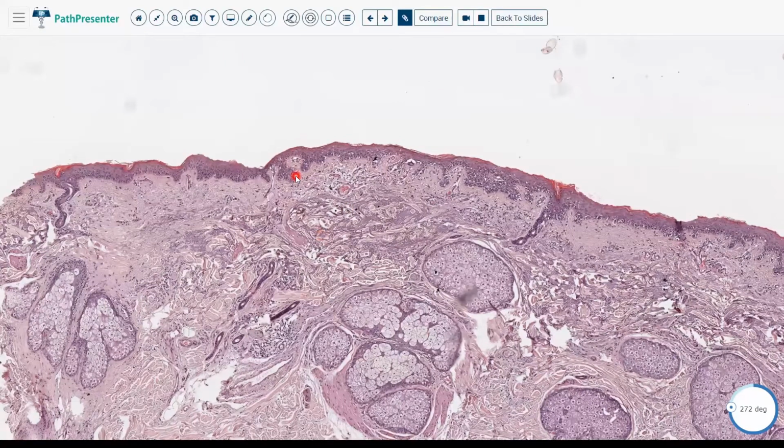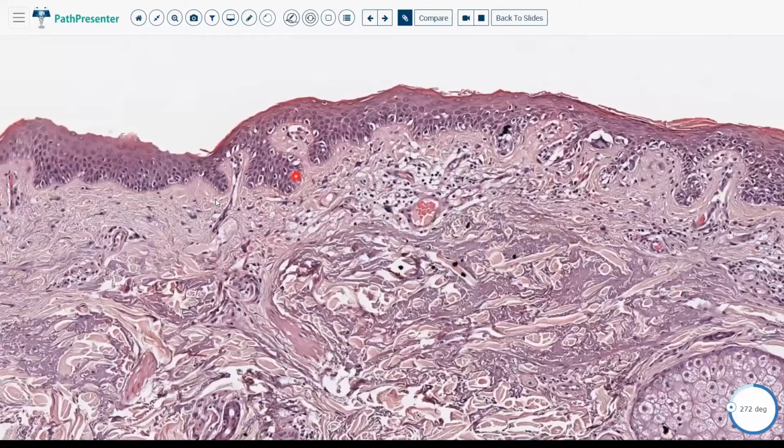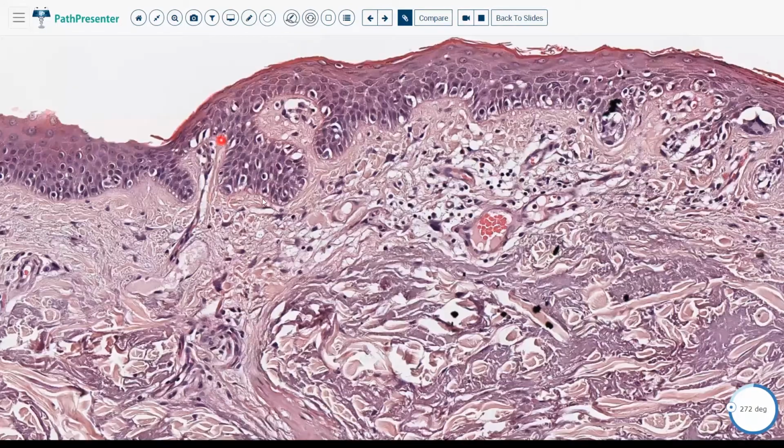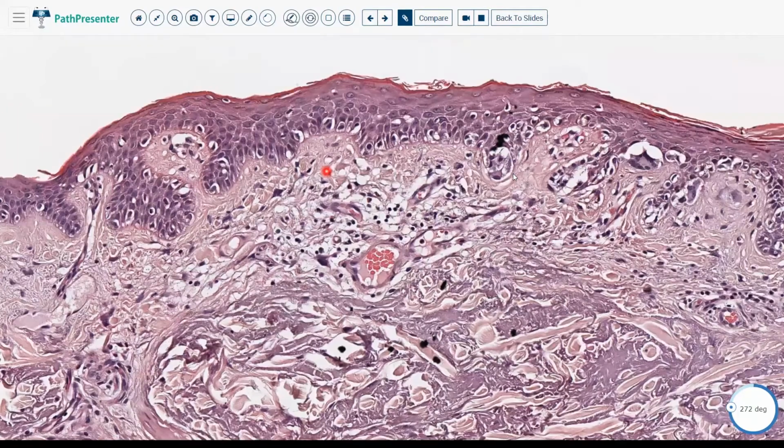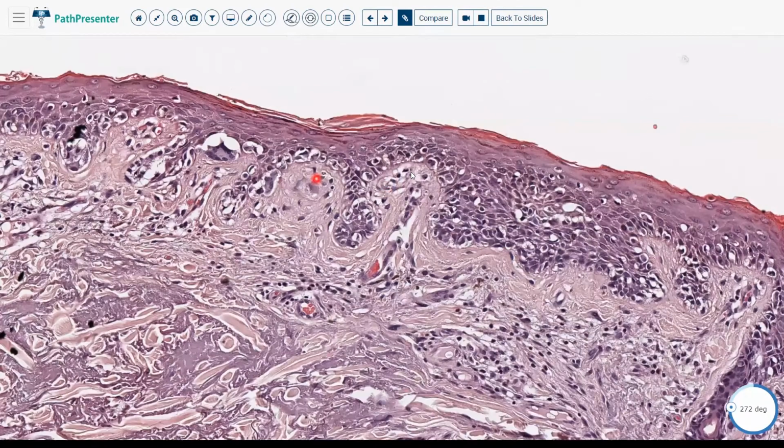But let me just show you what I mean by this phenomenon. You see here, you have a little bit of some cells, and then as you go along, they are trying to form little and small nests, and then you get areas where the proliferation becomes more confluent.